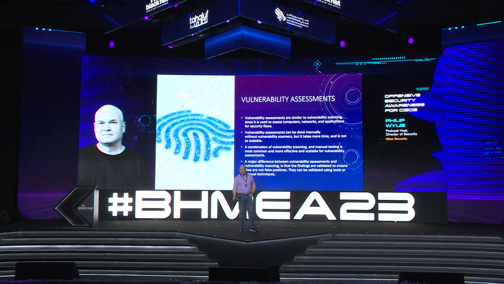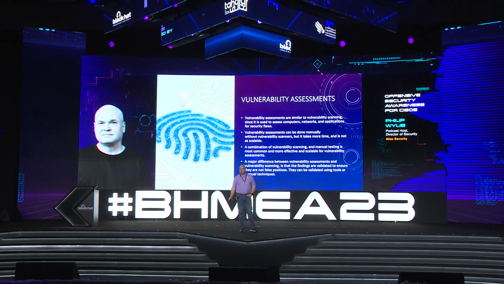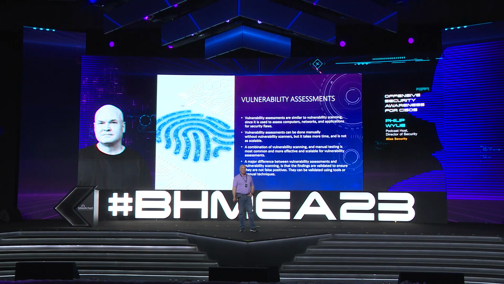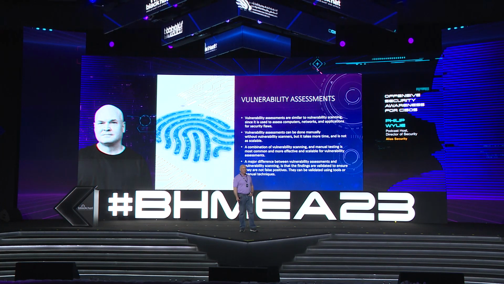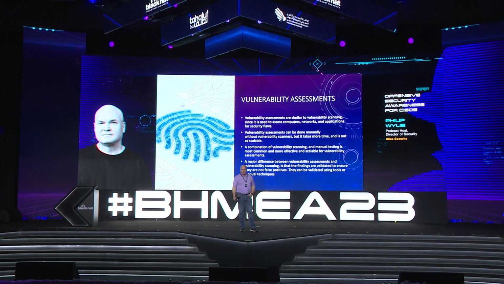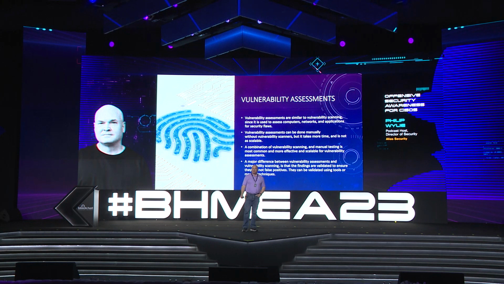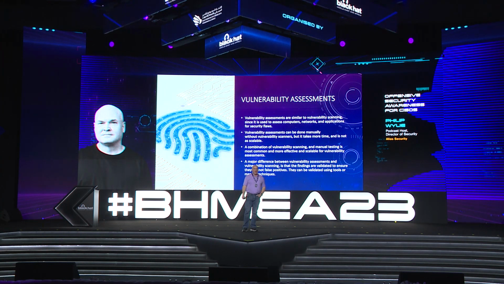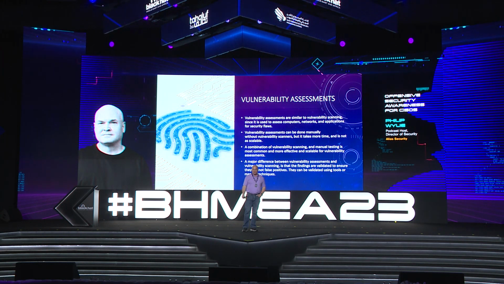So vulnerability assessments are similar to vulnerability scanning, but you're also validating those vulnerabilities. Sometimes vulnerability scanners will find false positives, so we want to make sure they're not false positives. And so with these vulnerabilities, in the vulnerability assessments, we're also doing manual detection using other tools, trying different password attacks to see if brute forcing would work against those systems, and seeing if it's vulnerable to other things.